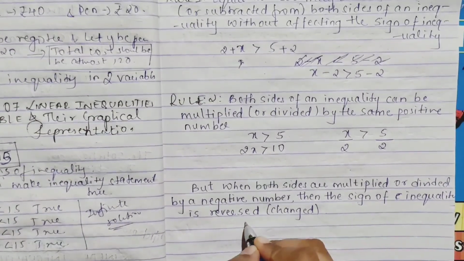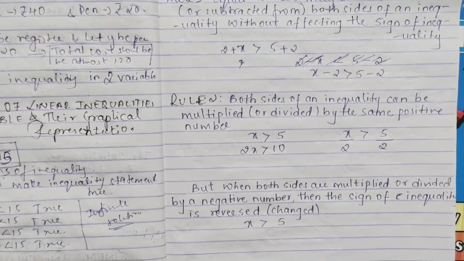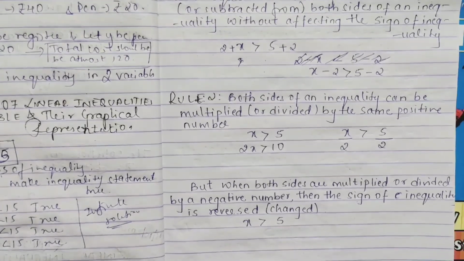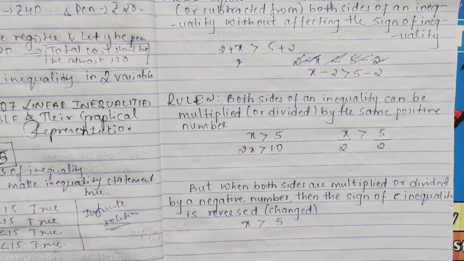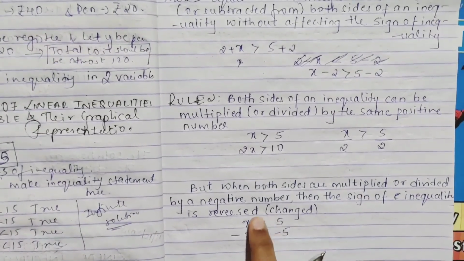For positive you have x greater than 5. When you are multiplying or dividing by a negative number, like -1 or -2, you'll get -x here and -5 here, but your inequality sign changes.